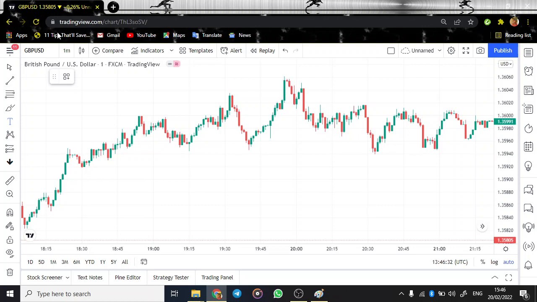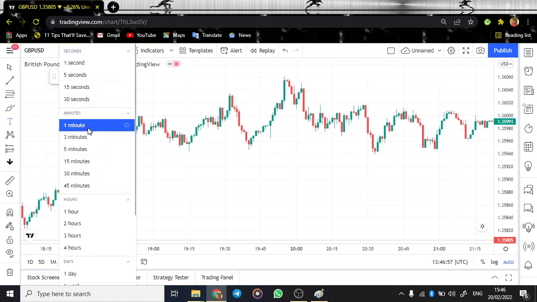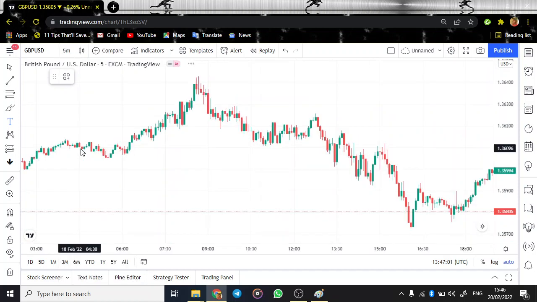So if you go to tradingview.com and choose charts, you will have charts displayed to you in candlestick form. And you can choose what time frame you want to see the candlesticks at. So if you want to see candlesticks that are created every 5 minutes, you just switch to 5 minutes.